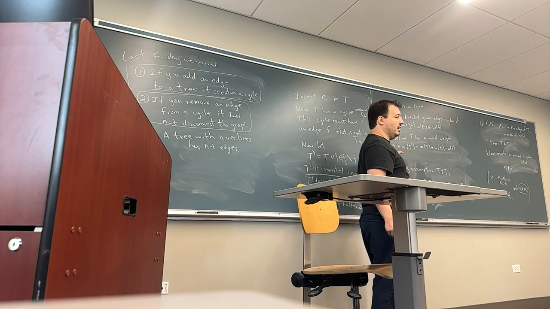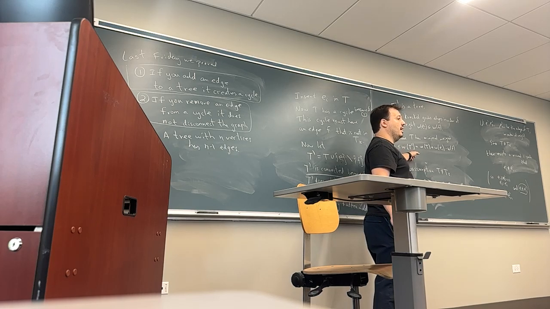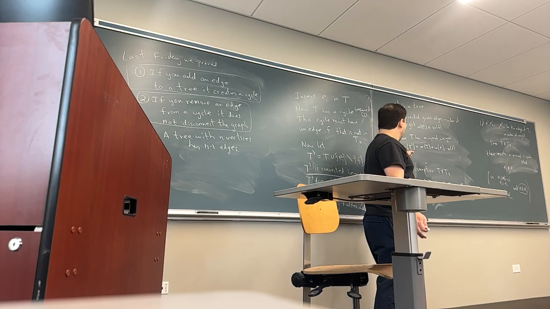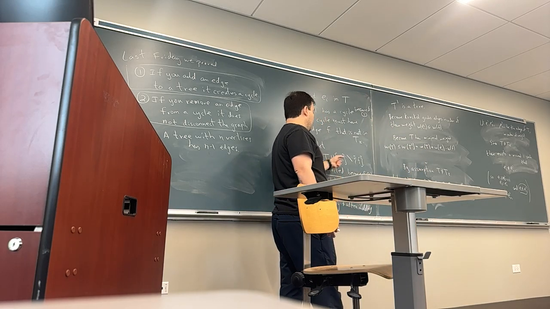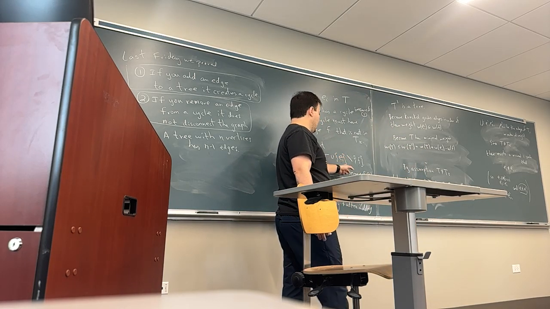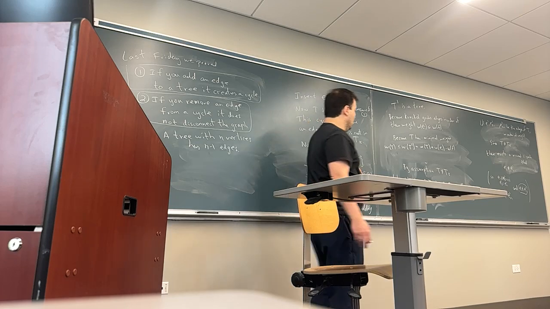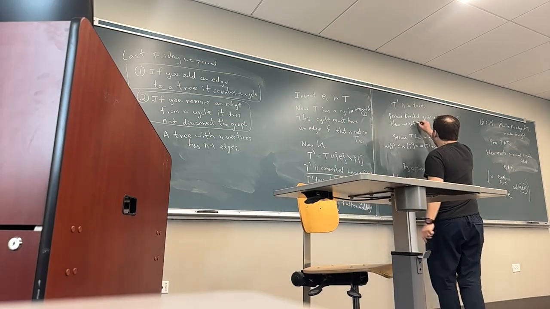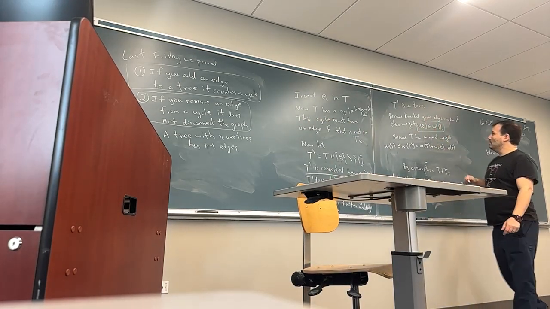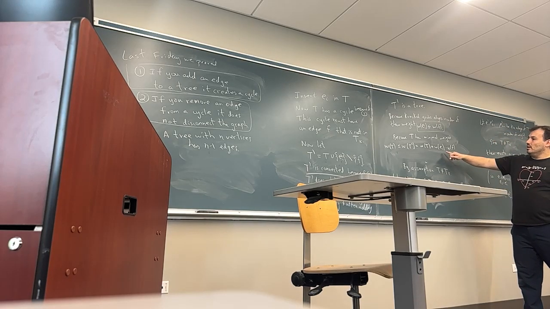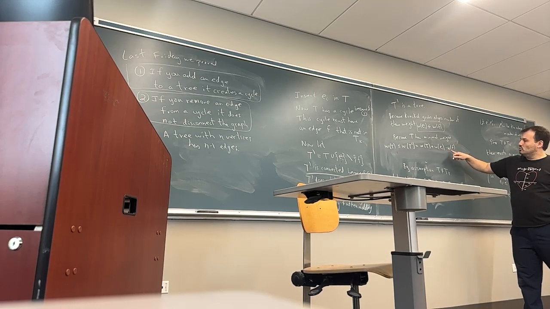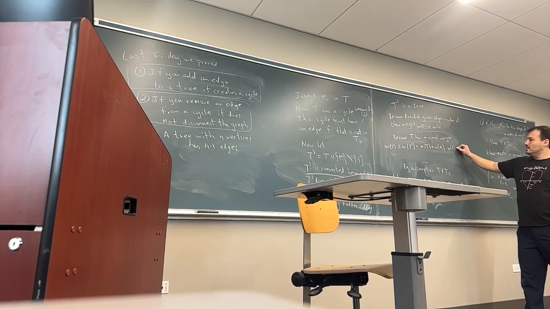So T is minimal weight, so if you pick any other spanning tree, it has to have bigger weight or equal. But the weight of this is easy to calculate. You calculate the weight of T, then you add the weight of this edge, then you subtract that weight. But because of this inequality, that means that this subtraction is less than or equal to 0.